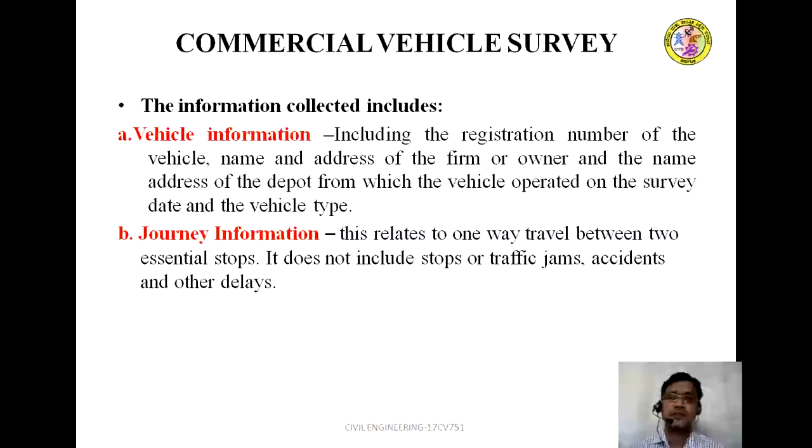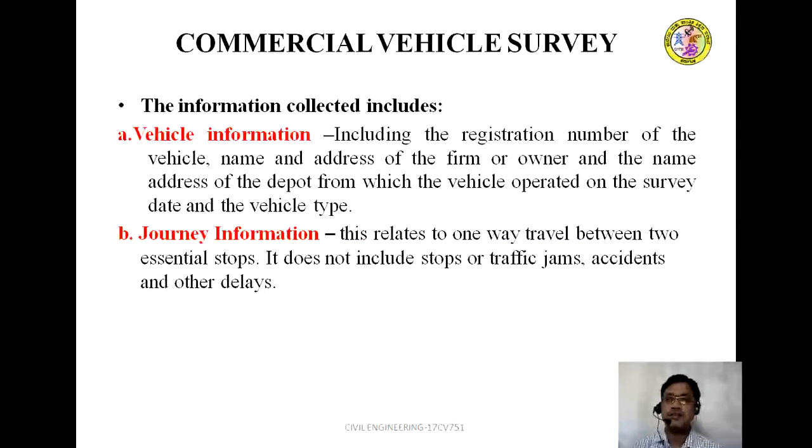Moving on to the next point, the commercial vehicle survey gives information about two parameters, namely the vehicular information and the journey information. Moving on to the first point, the vehicle information.